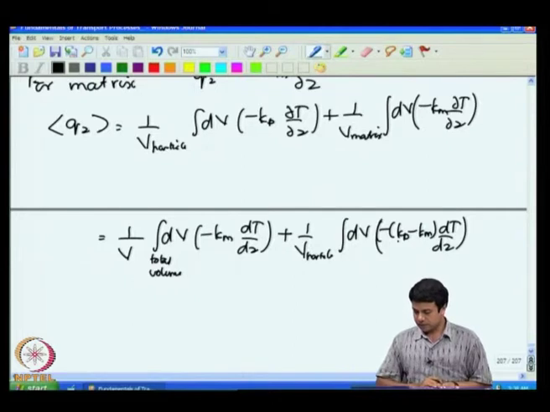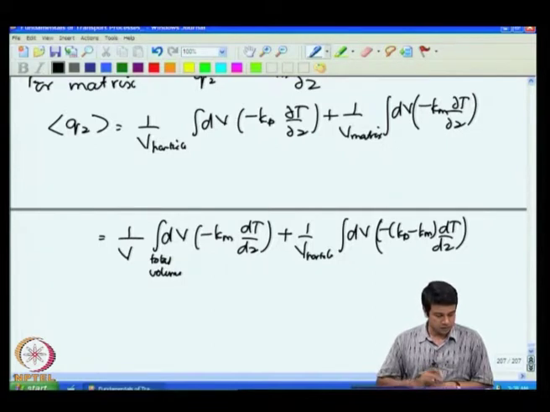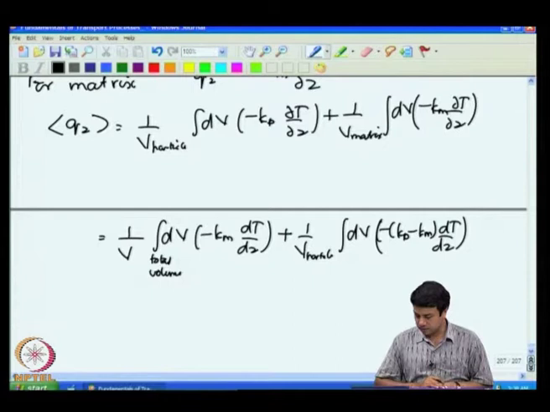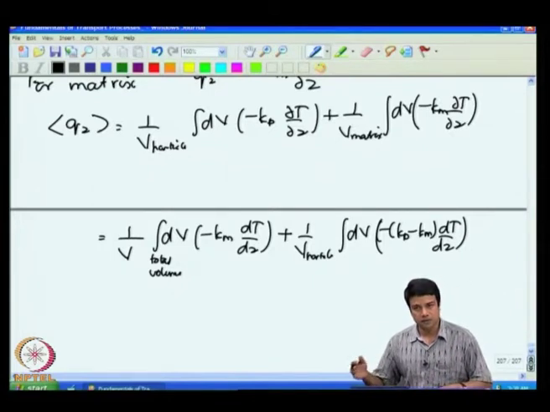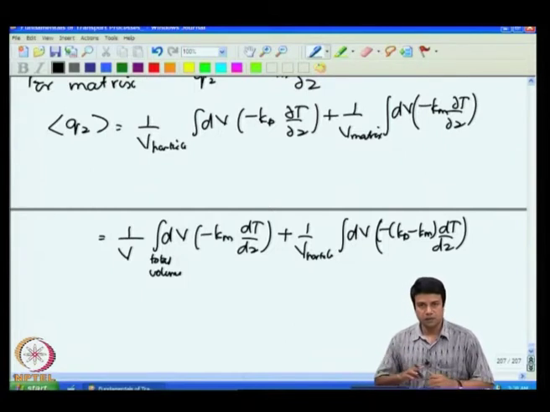So, I have written this as an integral over the matrix plus particles of Km dT by dz, plus an integral over the particles alone of minus of Kp minus Km dT by dz. So, there are two contributions, one due to the particles and the other due to the total volume. The particle contribution only contains the difference in the thermal conductivity between the particles and the matrix. You can see straight away from this that when the particle conductivity is equal to the matrix conductivity, there is no disturbance.